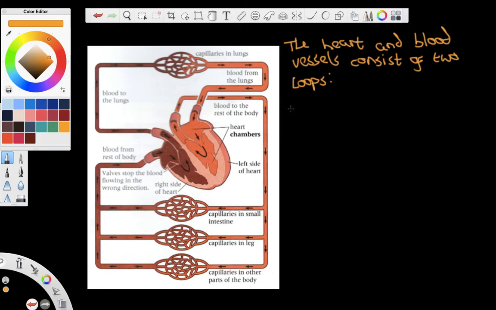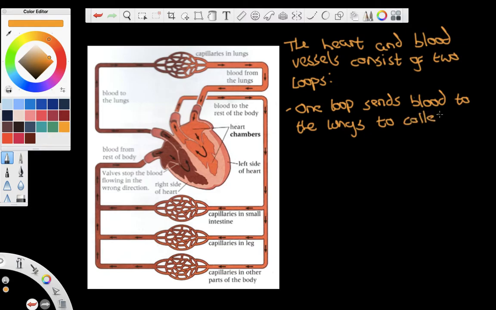We can say one loop sends blood to the lungs to collect oxygen.